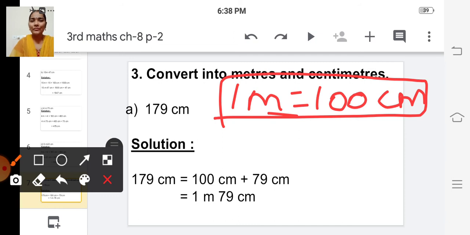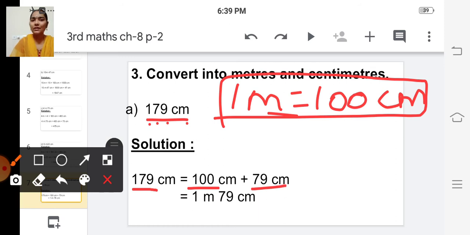Okay, children. So first problem, 179 centimeter. We are going to convert the centimeters into meters and centimeters. So 179 centimeter can be written as 100 centimeter plus 79 centimeter.